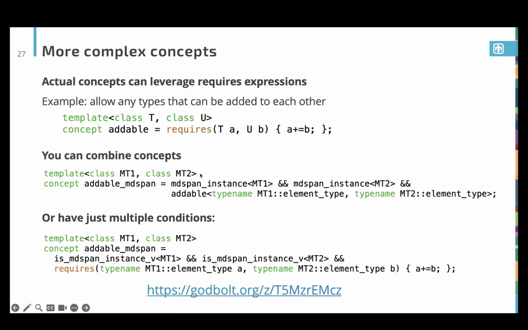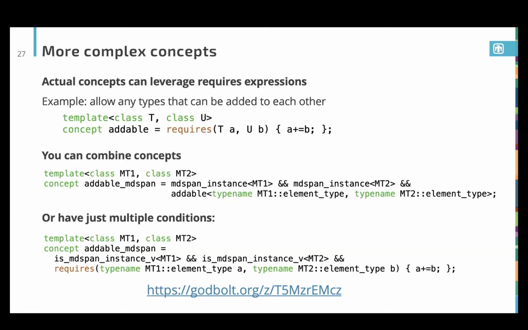Now, you can also combine these things into more complex things. Like say we have this concept of two things that I can add with plus equal. I call that addable, not with an E. Not to eating, it's to add things. You can combine that with mdspan. I say now I want an addable mdspan, and that takes two class arguments.